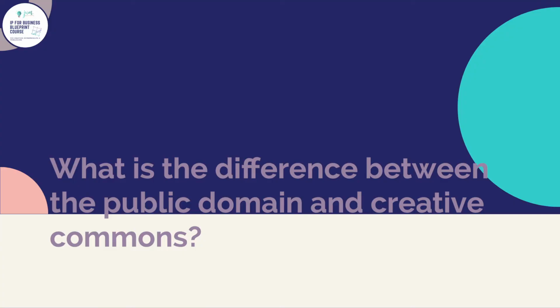Speaking of the public domain, a question I often get is what is the difference between a public domain and a Creative Commons? A creative work that falls within the public domain can be used without permission or restriction. However, there are times when authors of a creative work want the public to have general access to the work with very limited restrictions, and so they place the work in a Creative Commons licensing scheme.